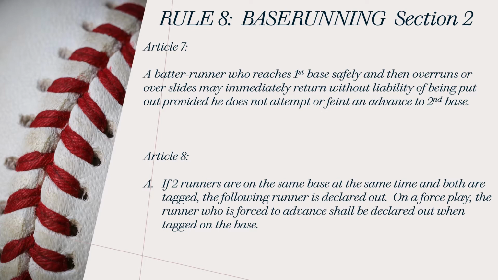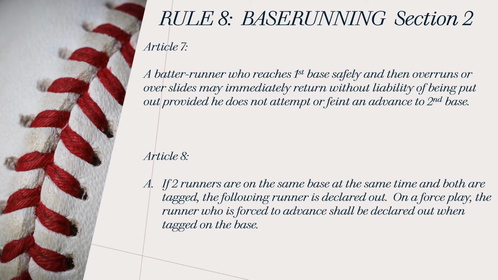So as umpires, we need to know what makes it illegal. If the runner fakes an attempt to second or actually attempts to go to second, he is then in jeopardy of being called out on a proper play, not an appeal. That's where the defense would have to make a play on him and tag him out.